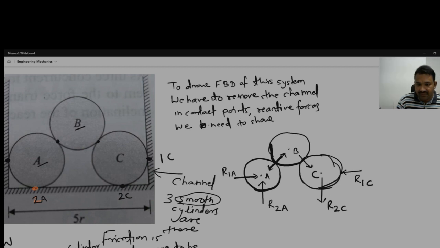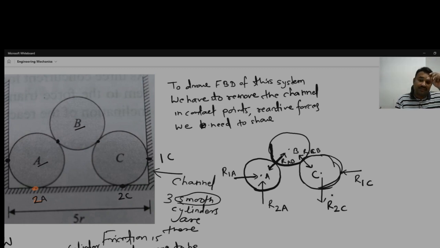So suppose a direction for this one, and the direction is towards B. So this is R AB, and this is R CB, sorry.